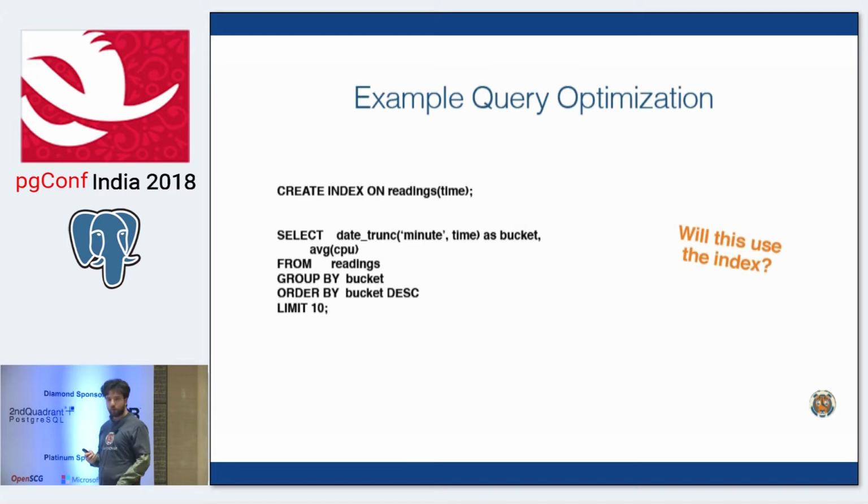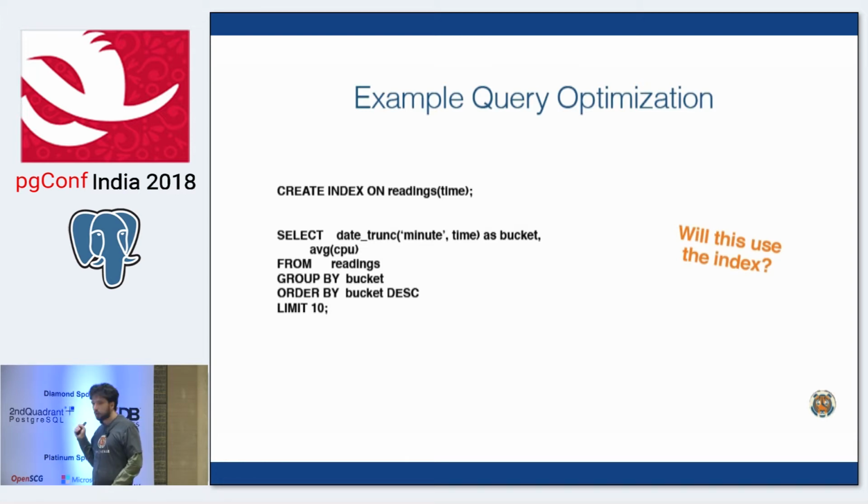And the reason is that we go from a sequential scan to an index scan. Let me give you an example. Say you have a table with a time column on it, and now you want to aggregate it according to the minute of time that you have.